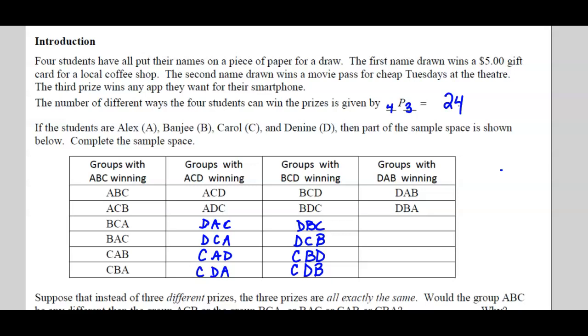Okay, and then if these 3 people win, could be DAB, DBA, and so on.